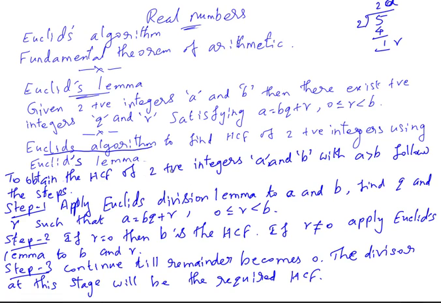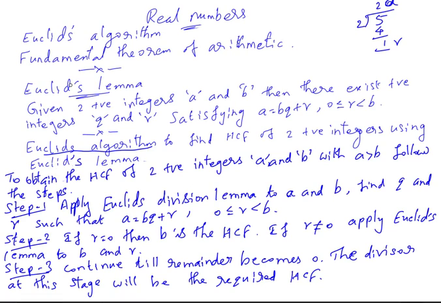To obtain the HCF of two positive integers a and b with a greater than b, follow these steps. Step 1: apply Euclid's division lemma to a and b, and find q and r such that a equals bq plus r.